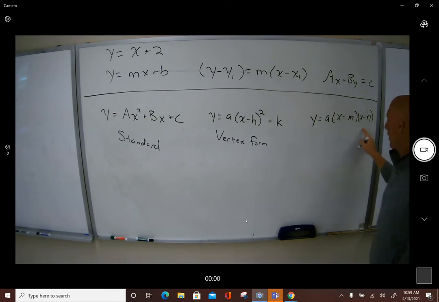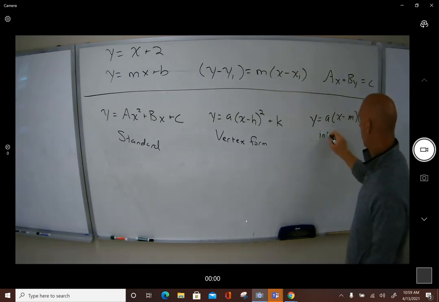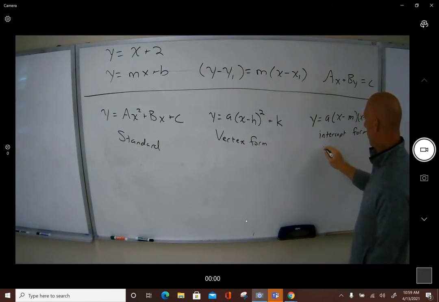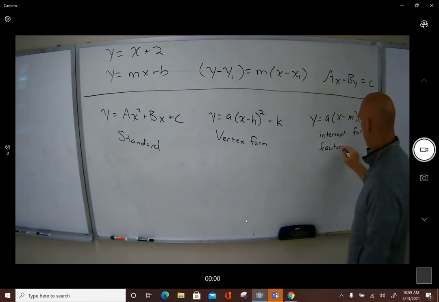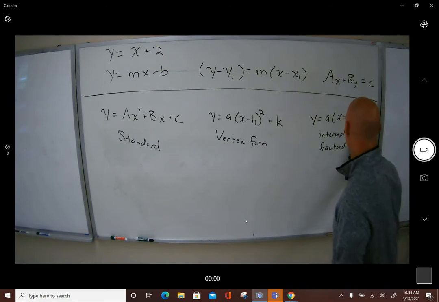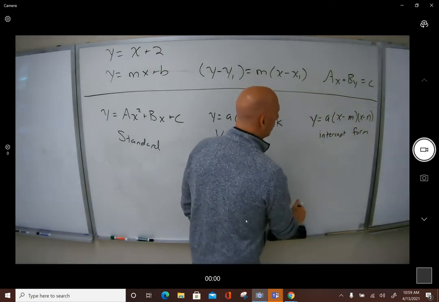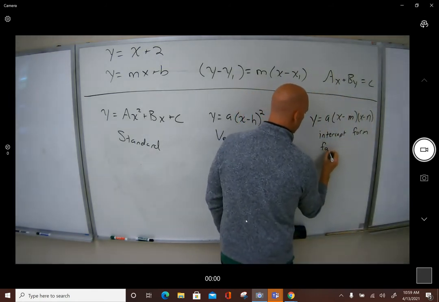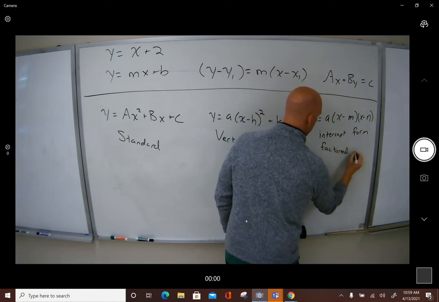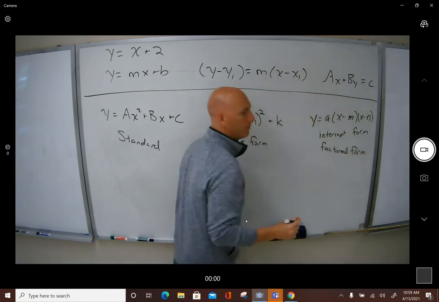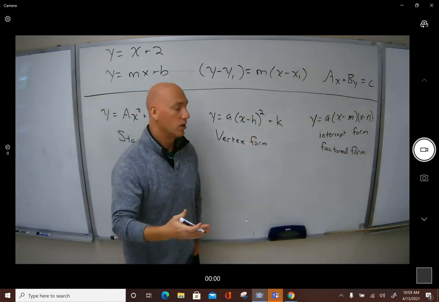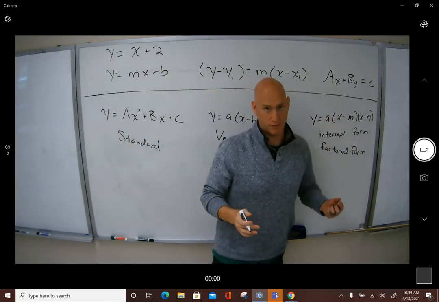And this one is called intercept form. Some people will call it factored form. Some people will call it linear factored form.